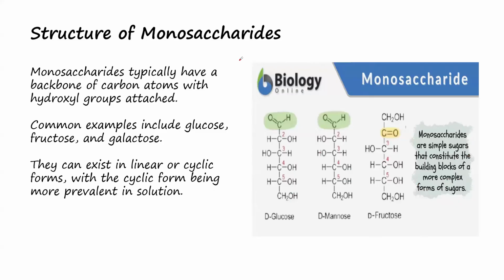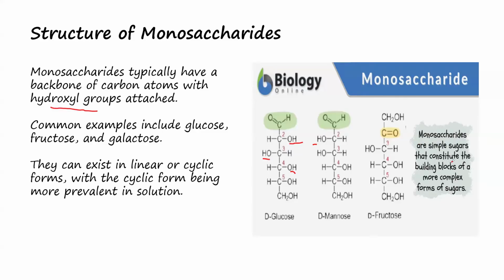Now we are going to look at the structure of monosaccharides. Monosaccharides typically have a backbone of carbon atoms with hydroxyl groups. You see, these are hydroxyl groups, OH groups, and we have many OH groups. Monosaccharides are simple sugars that constitute the building blocks of more complex forms of sugar, like the polysaccharides.